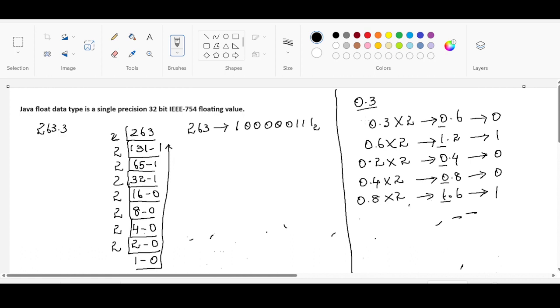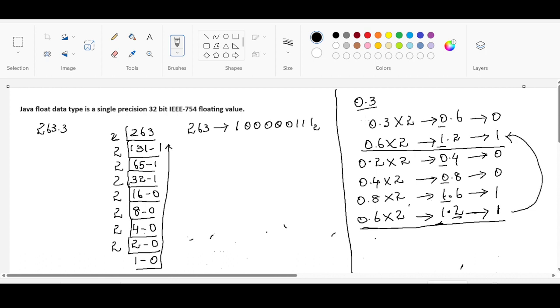Now 0.6 into 2 gives us 1.2, and we need to extract 1. If I keep doing this, if you look at this particular line, it is similar to this line. So a loop is getting created. This is the pattern.